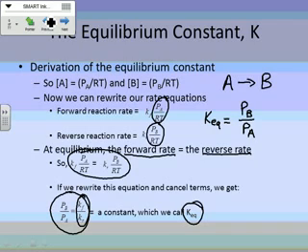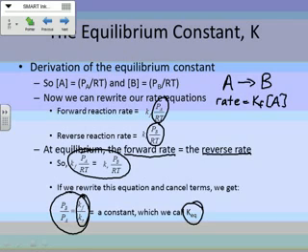Now, this is written in terms of pressures. We could also do this in terms of concentrations, okay? So notice, if I don't do all the substitutions that I did before, if I just keep my rate laws as rate equals K forward times concentration of A, and I say that my reverse rate equals K reverse times the concentration of B, then I could do the exact same thing.